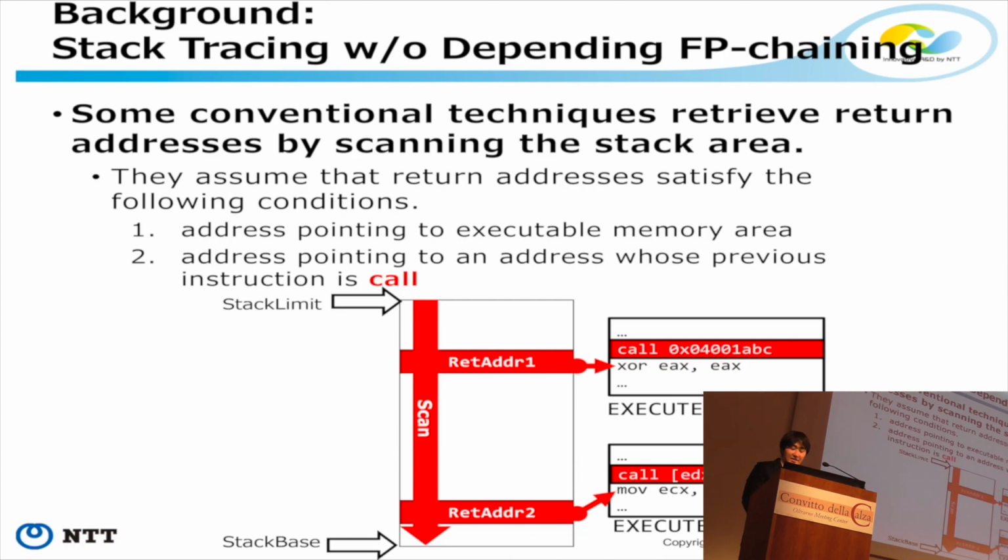Some conventional techniques retrieve return addresses by scanning the stack area. They can build stack traces without using frame pointer chaining. They assume that return addresses satisfy the following conditions. A return address should point to an executable memory area, and the pointed address is right after a call instruction.